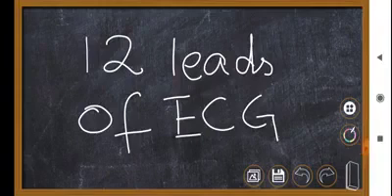You can consider every lead as a different camera or an eye placed at a different position of the body to view the heart from different angles, to define different electrical changes occurring at different surfaces of the heart.